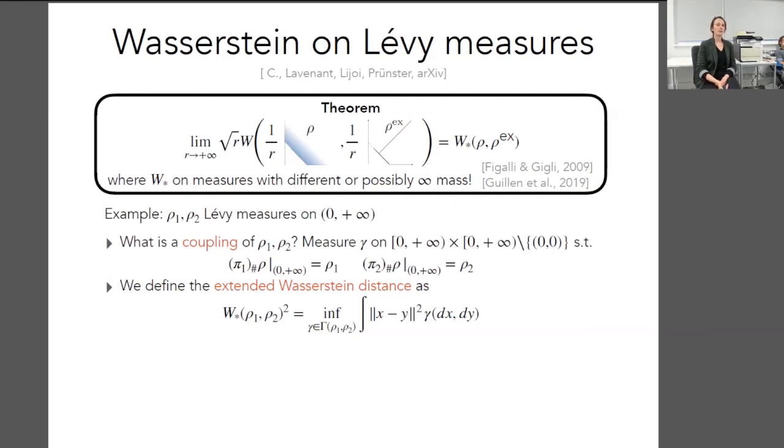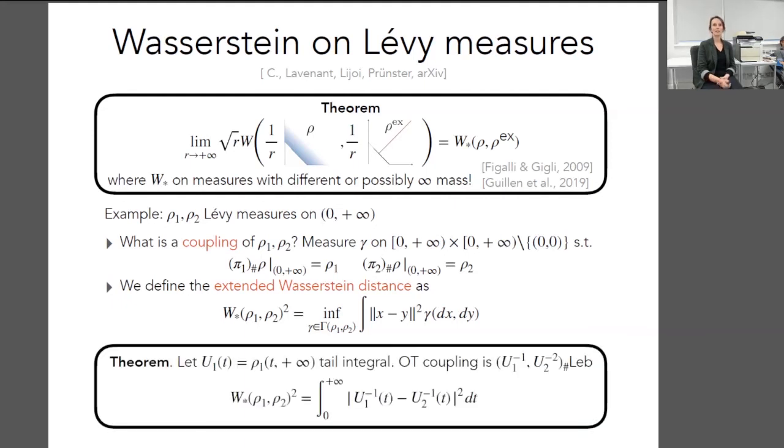And then once we have defined the notion of an extended coupling between Lévy measures, we can define this extended Wasserstein distance in the same way. So basically taking the infimum over all possible extended couplings of the difference between x and y, which is exactly the measure theoretical equivalent of taking the expected value of the difference between x and y that we saw before. And for example, we actually proved that when we are dealing with Lévy measures on 0 plus infinity, we also have the expression of the optimal coupling.